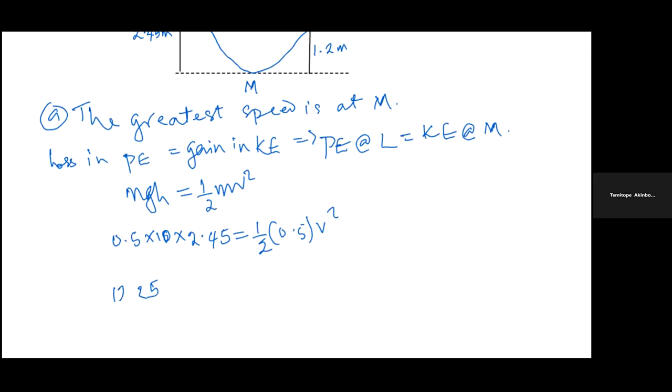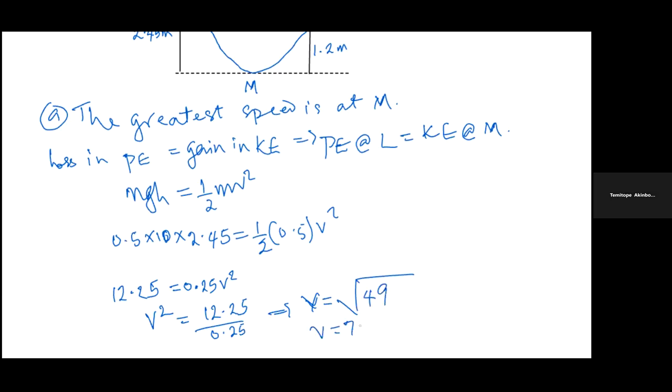12.25 equals 0.25 v squared. That's 1 over 2 times 1 over 2, which is 1 over 4. So v squared equals 12.25 divided by 0.25, which is 49. The square root of 49 is 7.